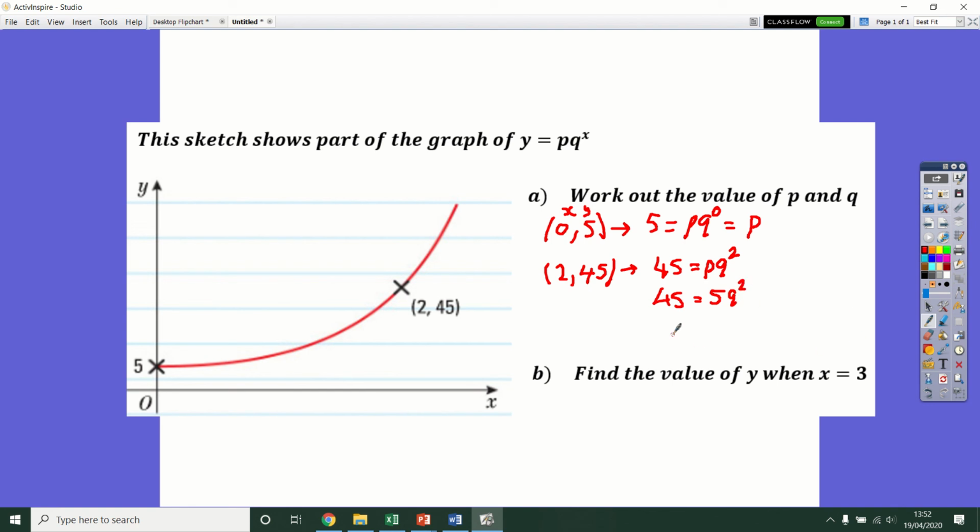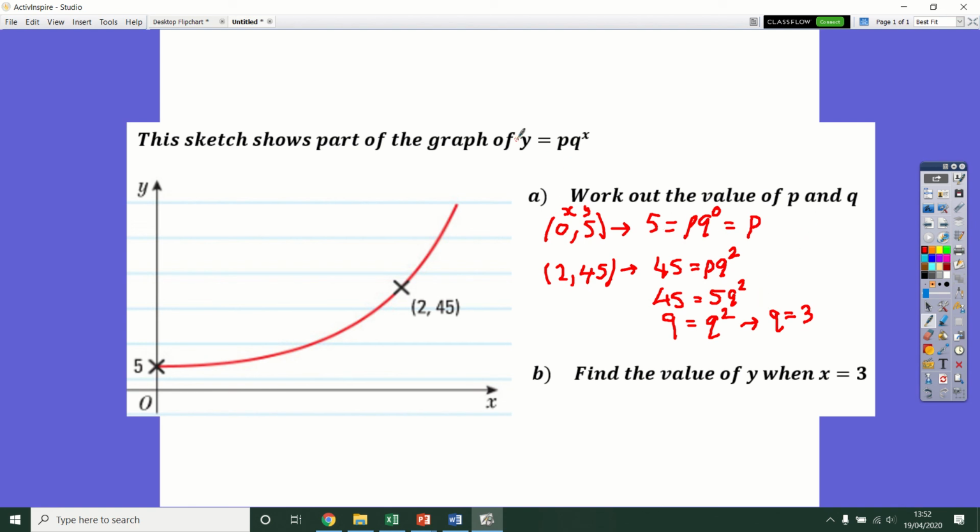Divide by 5. So 9 is q squared. I can take square roots. You might wonder about two possible answers when you take this square root, but we're only ever going to be taking positive values of q, as I mentioned before, positive bases, so it's only positive 3. So p is 5, q is 3.